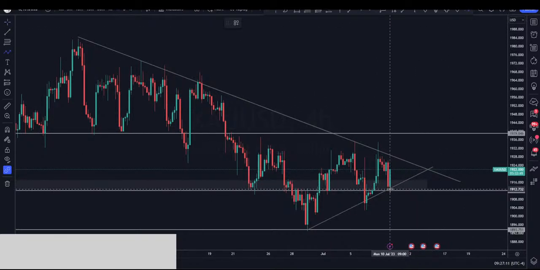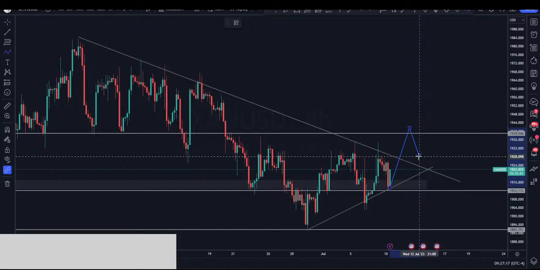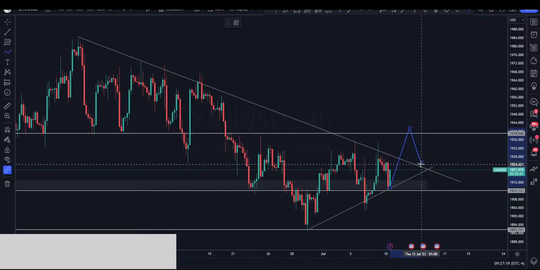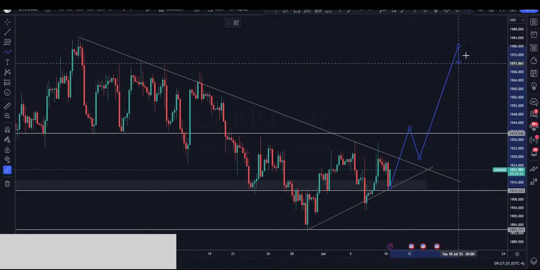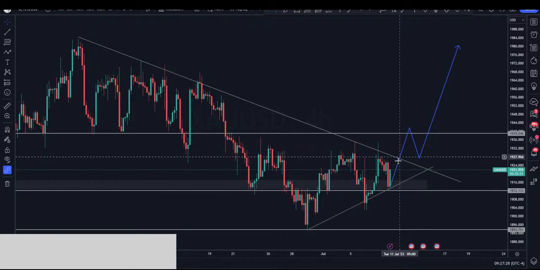if we're looking for a long, I would wait for a break of this area. Look for some kind of action on this level here for something like that.